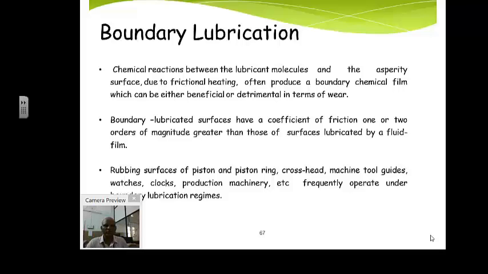It will lead to some boundary films being formed on the surface, and many times these are beneficial, or sometimes they are detrimental in terms of wear. The coefficient of friction will be slightly high in the case of boundary lubrication. We find that the rubbing surfaces of piston rings, the crosshead, machine tool guides, watches, clocks, production machinery, door locks, etc. operate under boundary lubrication regimes.